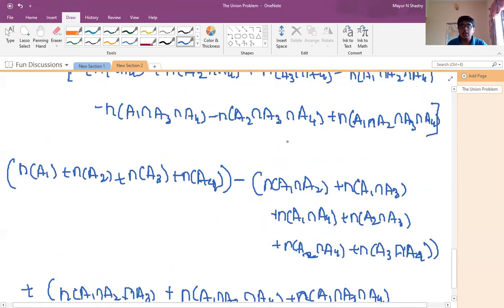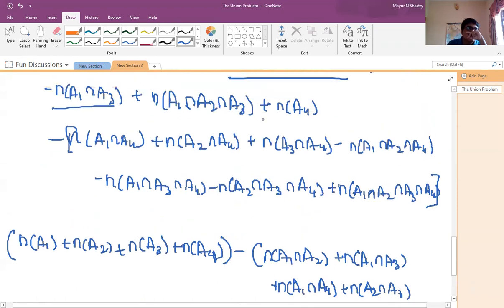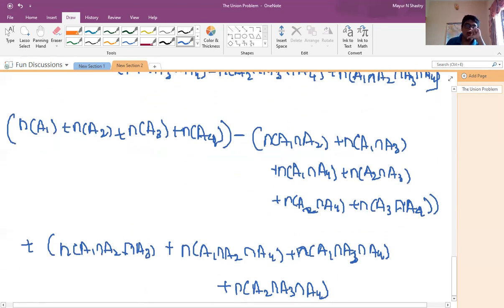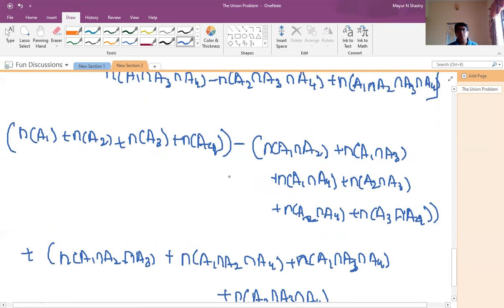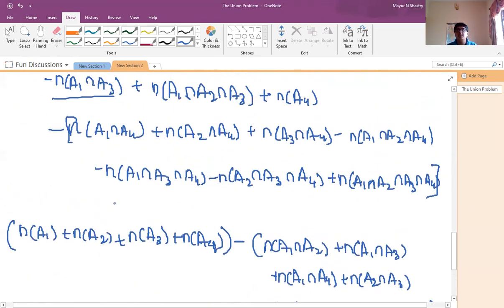So then the last term is 4 intersections with a minus: minus n of A1 intersection A2 intersection A3 intersection A4. Thus, we are done with the entire formula. So this is the huge formula for n of A1 union A2 union A3 union A4. Big, yeah.